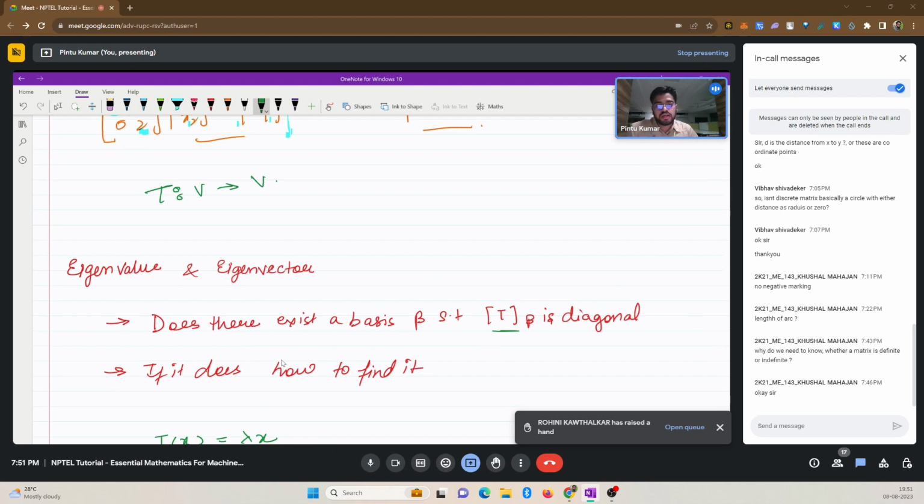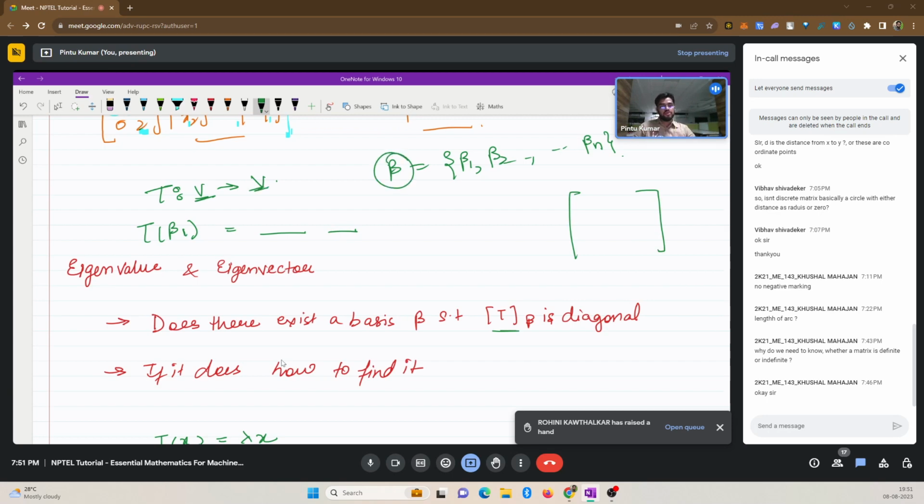Let's say you were able to find a basis for which this T of beta is a diagonal matrix. Then what would have happened? Let's say this is your basis set, that is B1, B2, Bn. Now let's say your T of beta 1 is something. When you write its coefficient, on both sides I have selected the same basis beta.